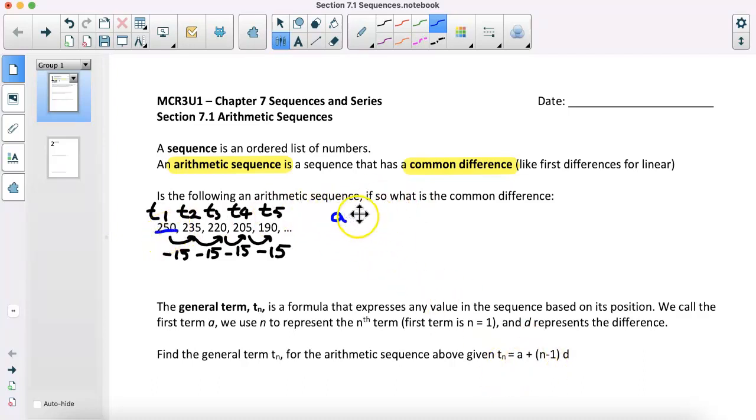But this first term that we signify as A is 250. And our common difference, which we use as the variable D, is equal to the value of this negative 15 in this case.